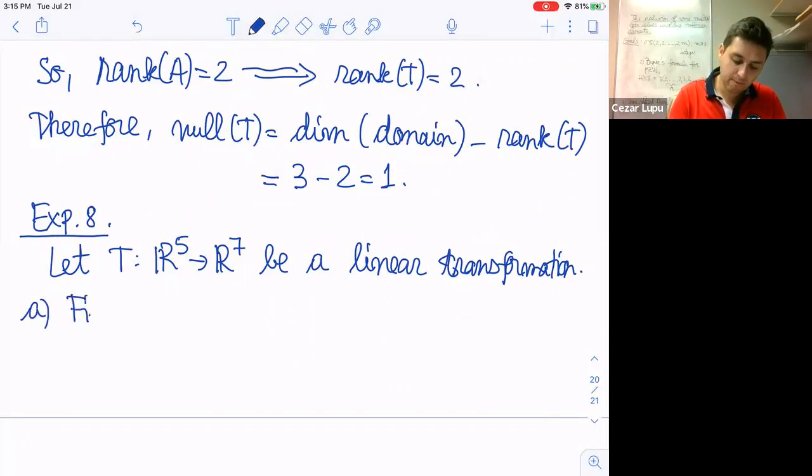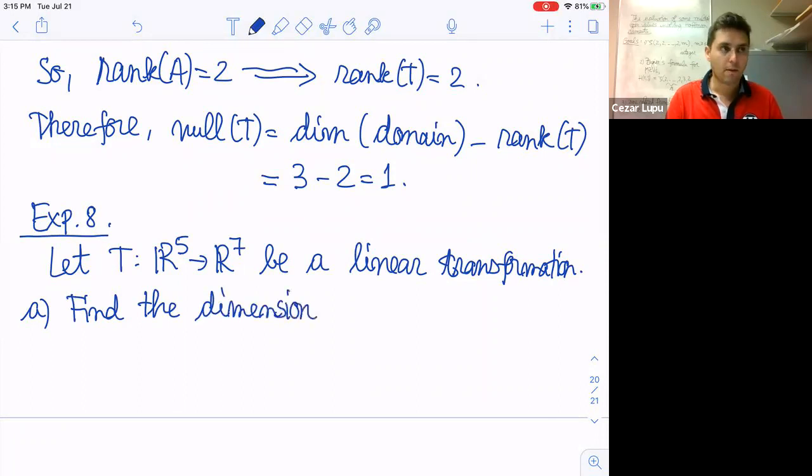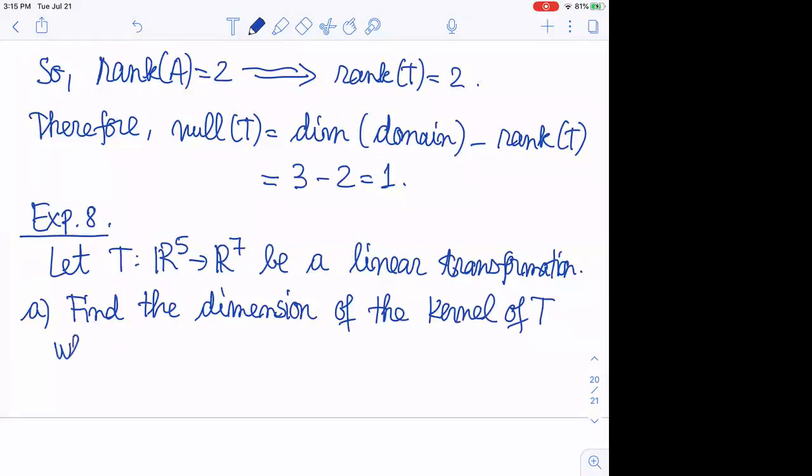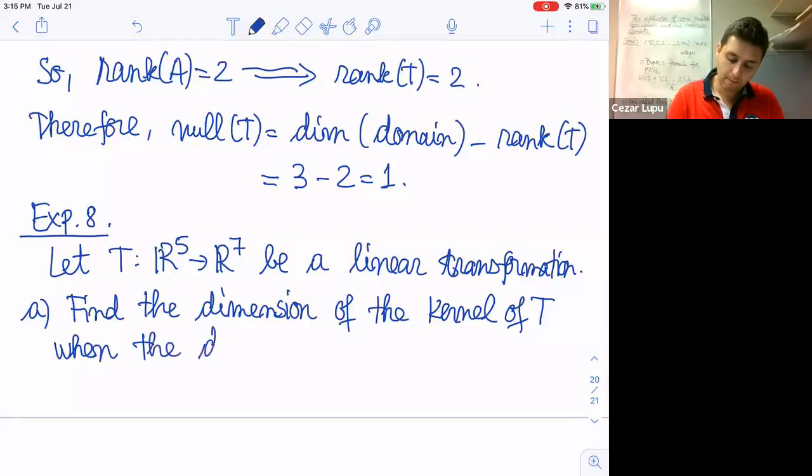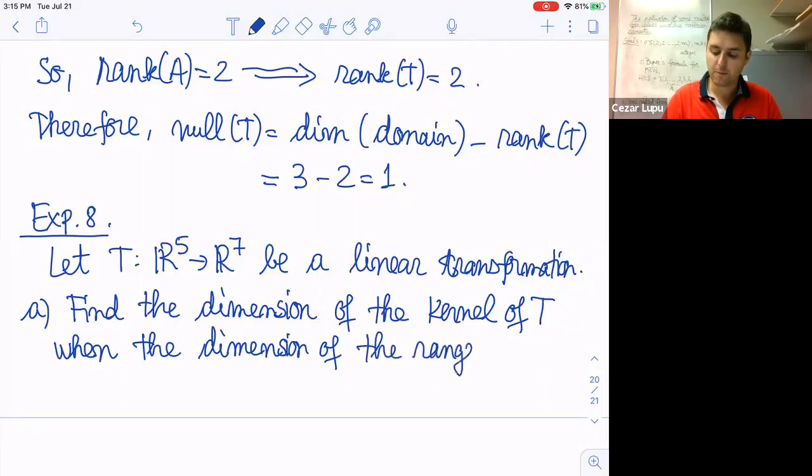A, find the dimension of the kernel of T when the dimension of the range is 2.